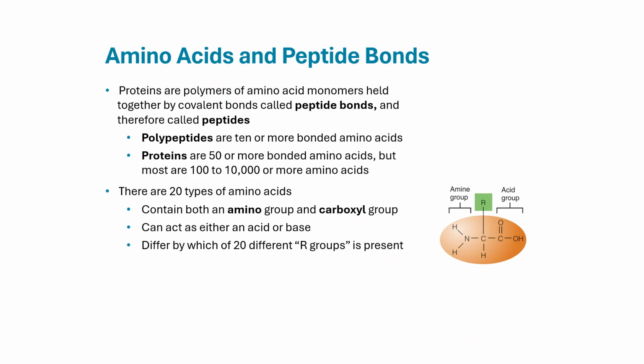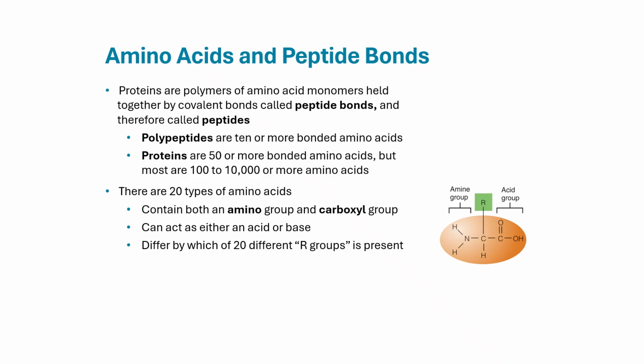So proteins are polymers of amino acid monomers held together by covalent bonds called peptide bonds, and therefore called peptides. Polypeptides are 10 or more bonded amino acids. Proteins are 50 or more amino acids. There are 20 types of amino acids in our body.